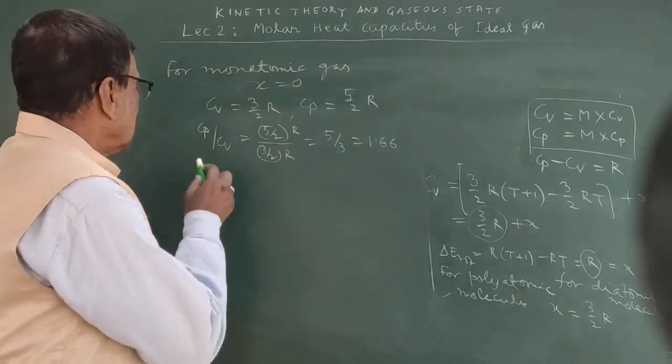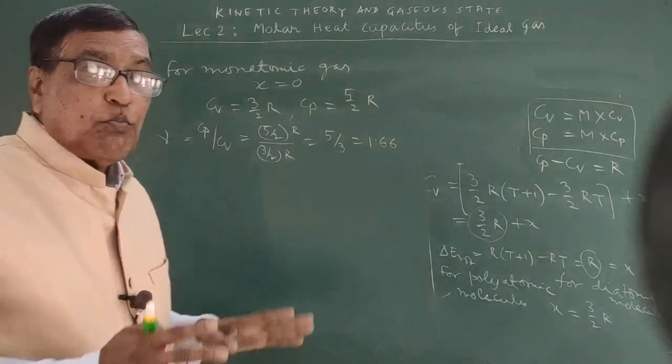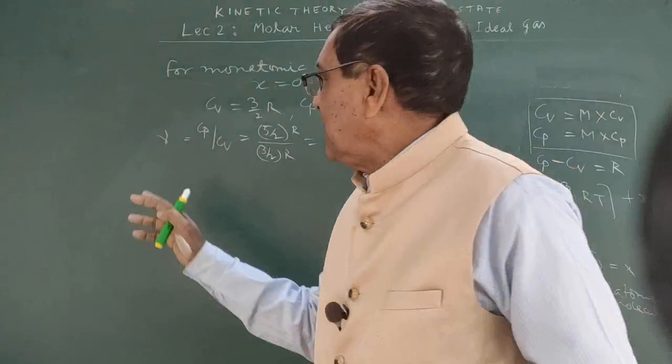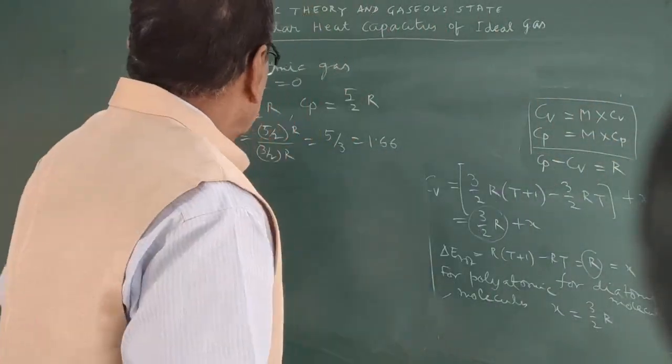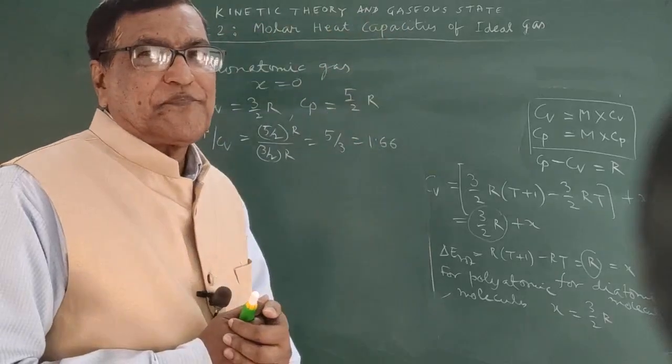This is taken as gamma. Gamma is the molar heat capacity ratio. So gamma is equal to 1.66 for monoatomic gases.